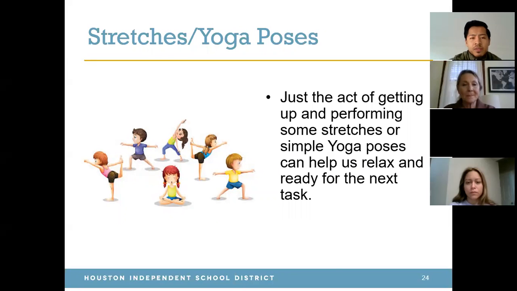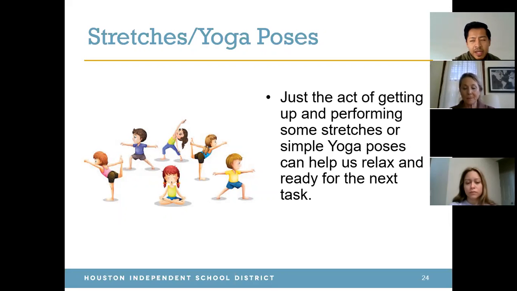So stretches, yoga poses. This kind of shoots off from what Norma had mentioned earlier about Go Noodle. There are some other resources out there, or even just, if you are into yoga or stretching, sometimes just including your child in that activity can help the child to become relaxed.